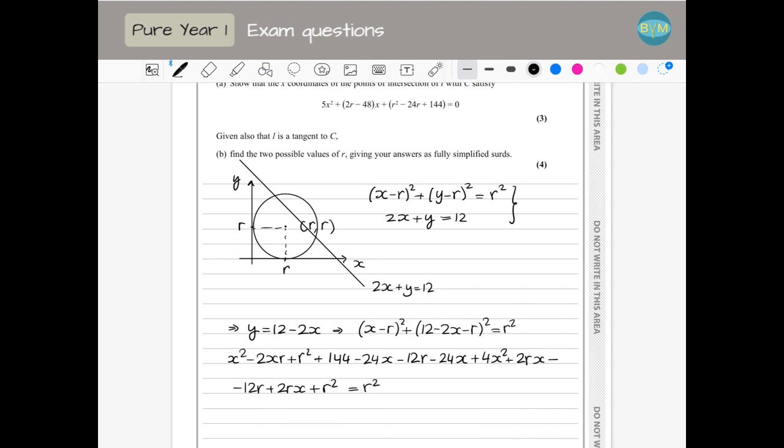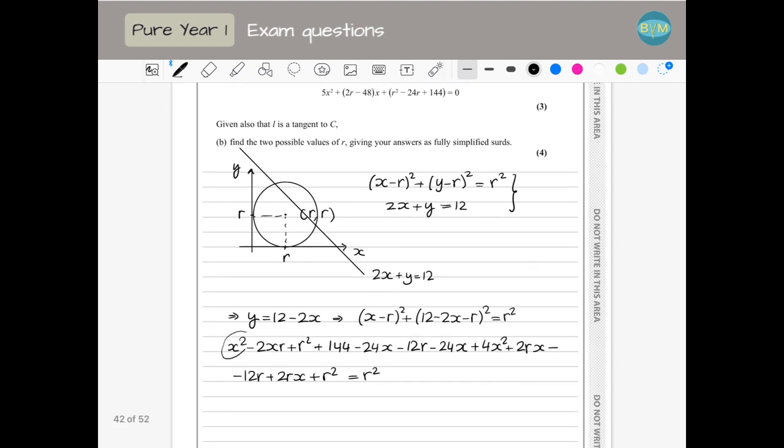Then I'm just going to put terms together. I have x squared here with 4x squared here, so 5x squared. Can I cancel something? Yes, I have minus 2xr here and plus 2xr here. So I have minus 24x, minus 24x and plus 2x, so I have 2r minus 48 all multiplying the x.